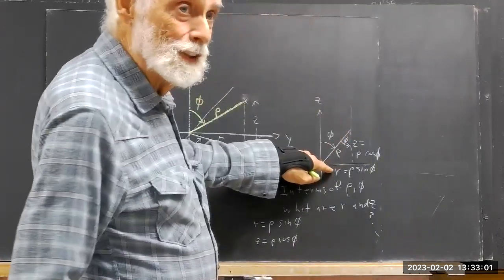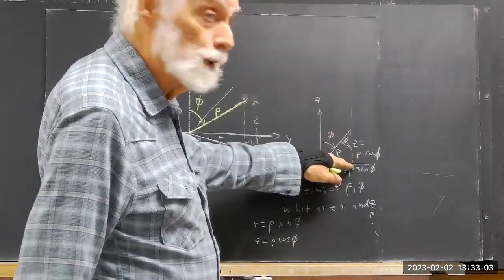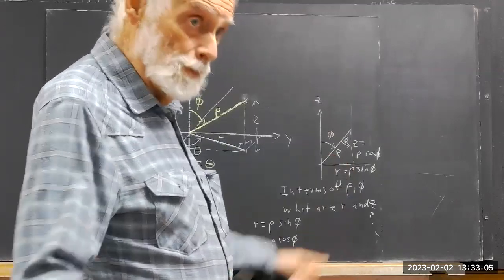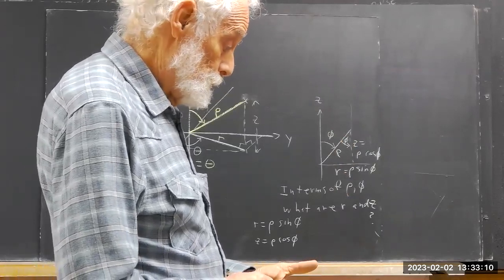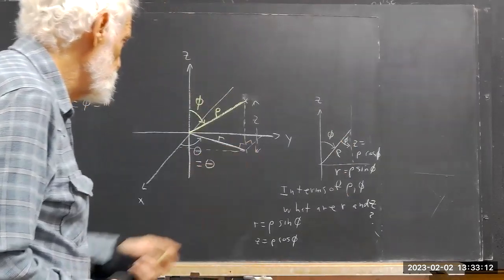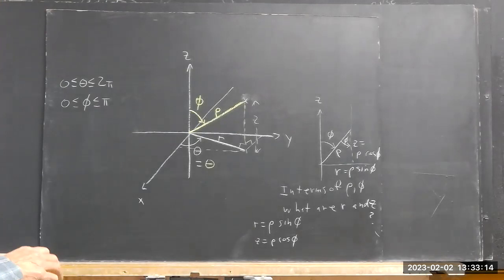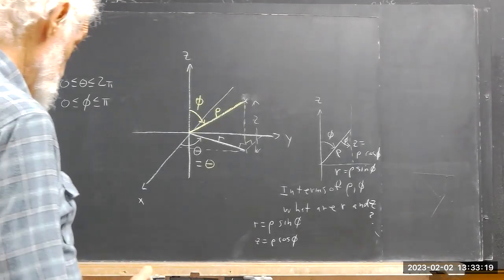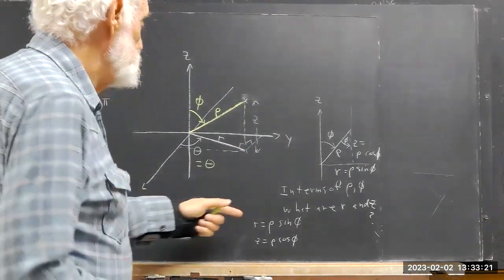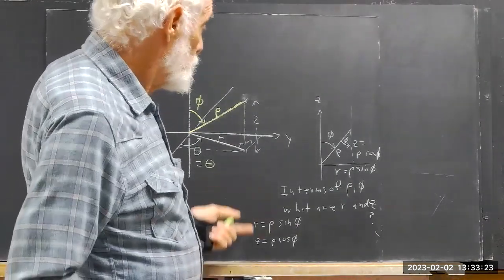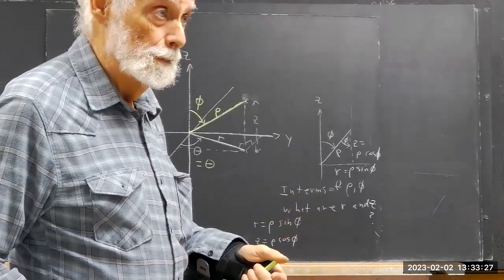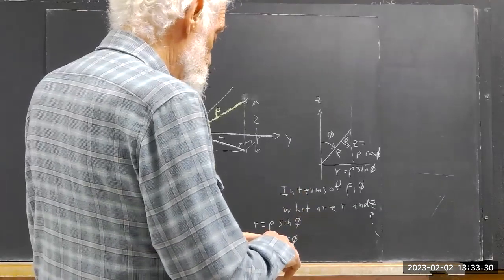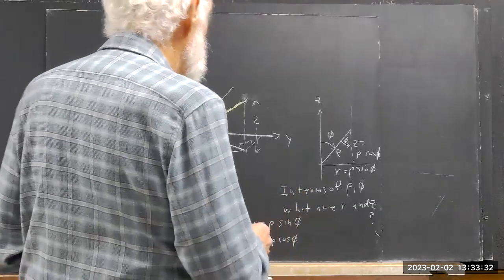Clear that this is the side opposite the angle, and this is the side adjacent to the angle. That's the most basic thing about right angle trig, okay? So we have to understand that. Otherwise, this whole thing becomes very mysterious. Okay, so we can say then that we've got our conversion between cylindrical and spherical. Okay, so cylindrical to spherical.